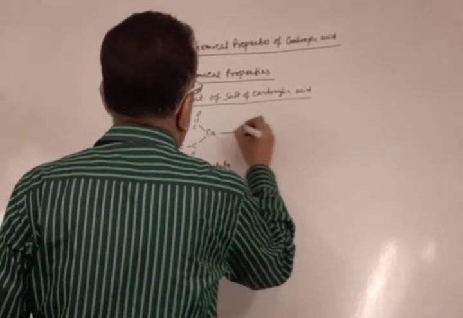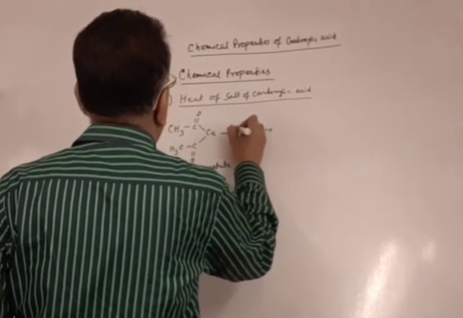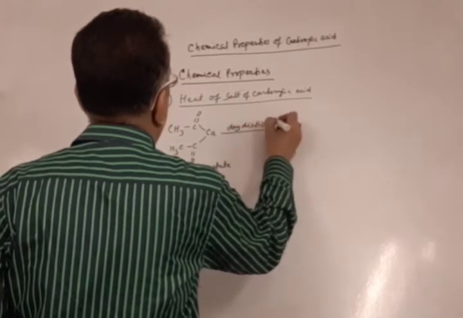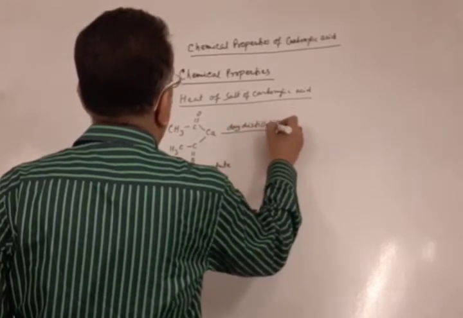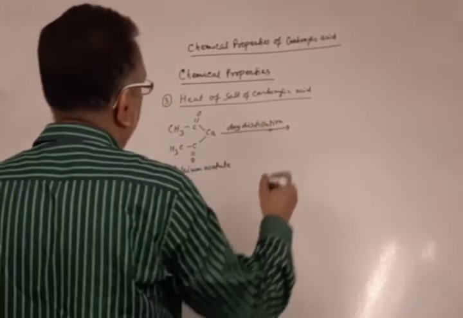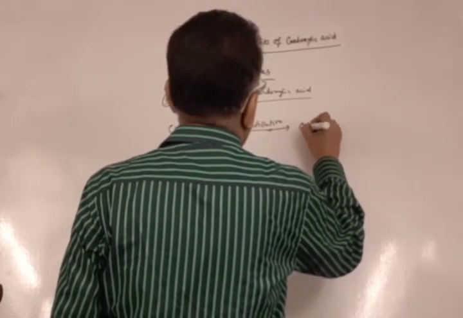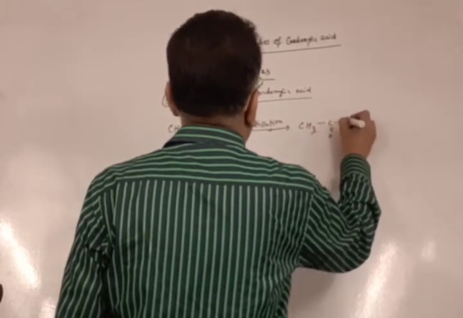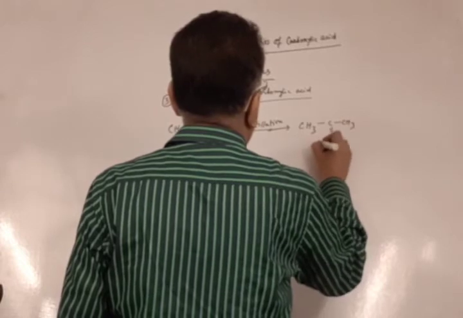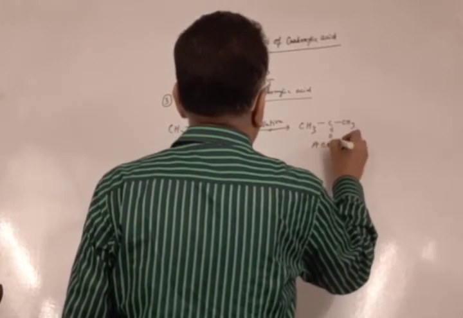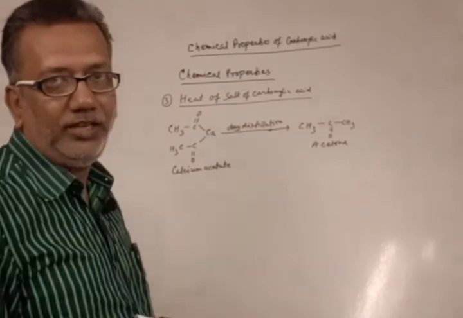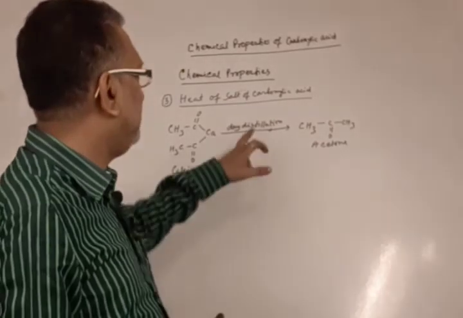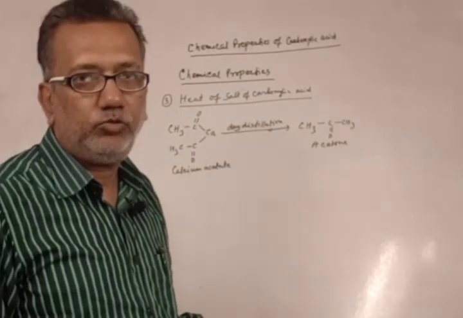This on dry distillation gives us the corresponding CH3COCH3. This is acetone. So the calcium salt of carboxylic acid on dry distillation gives us acetone.